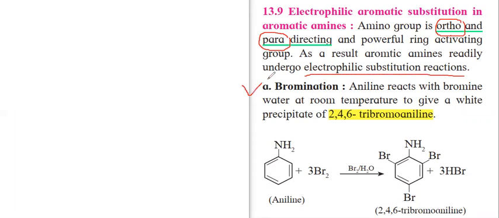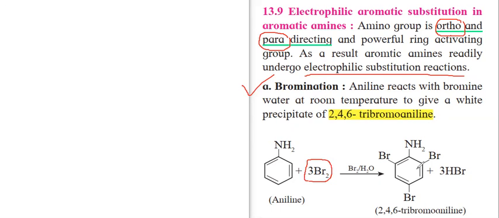We will see the electrophilic substitution reactions one by one. The first one is bromination. Can somebody tell me what is meant by bromination? Very simple, it is the addition of bromine. Now see what happens. Aniline, when it reacts with bromine water, Br2, at room temperature gives a white precipitate of 2,4,6-tribromoaniline.